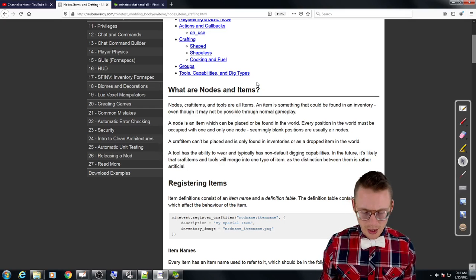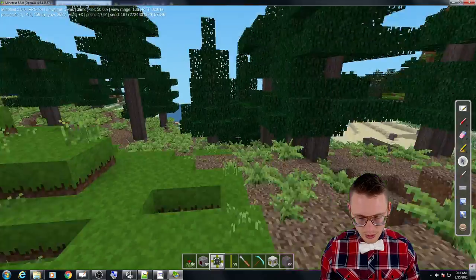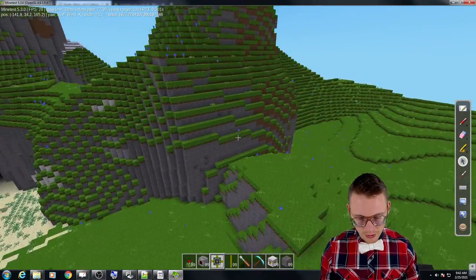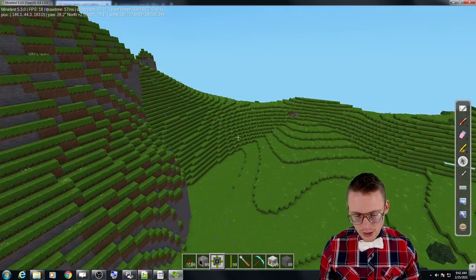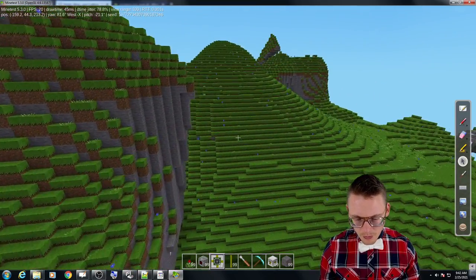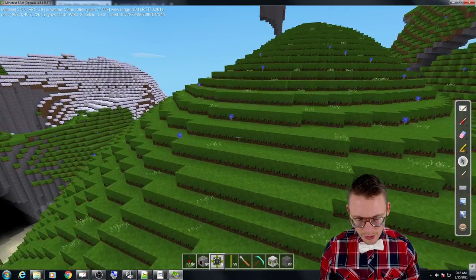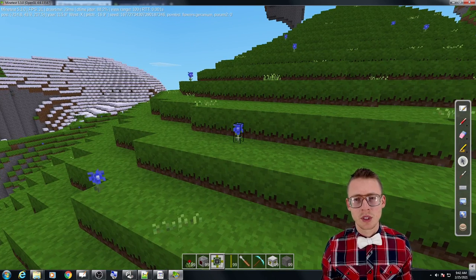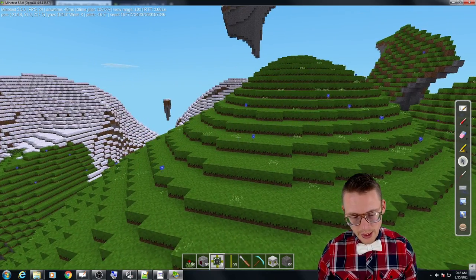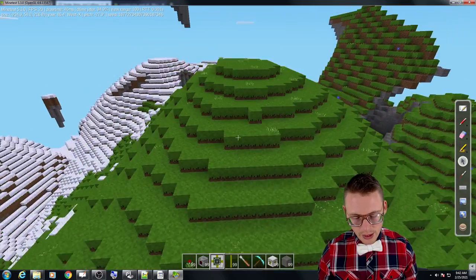So, I'll take you over to the game of Minetest, and of course, as you're very familiar with this, we just have cubes all around, right? We also have, for instance, these flowers. These are not cubes. These do not take up a cube, and so they are not a node, such as the grass and things like that.